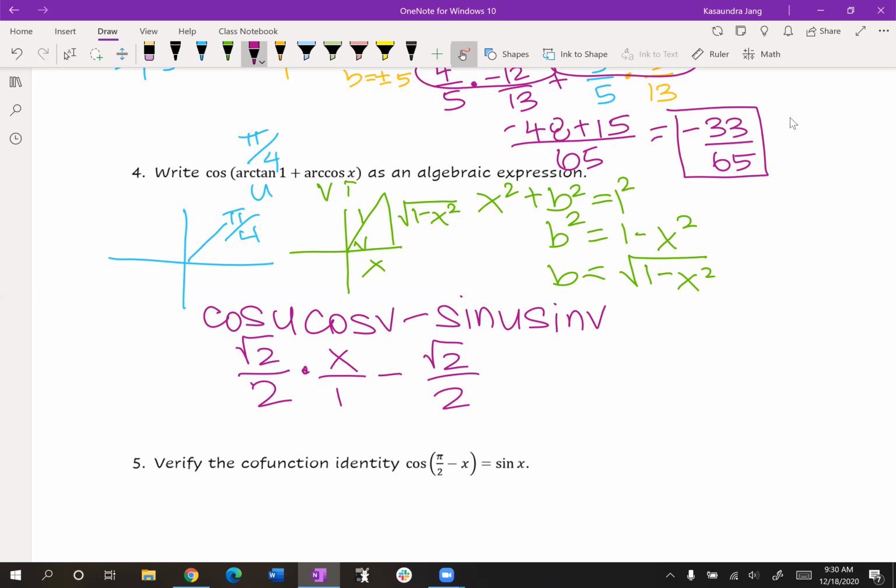And then sine of v. This is where I've got to use my v triangle here. Sine is opposite over hypotenuse, so it is the messy square root over 1.